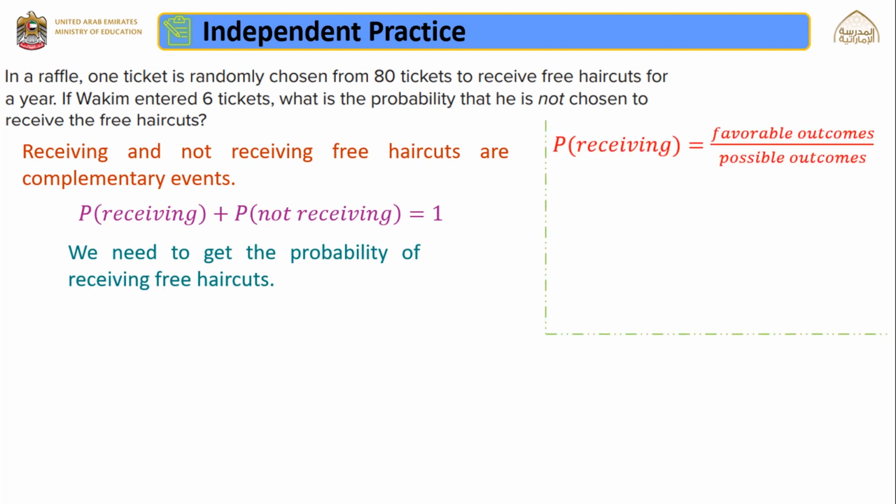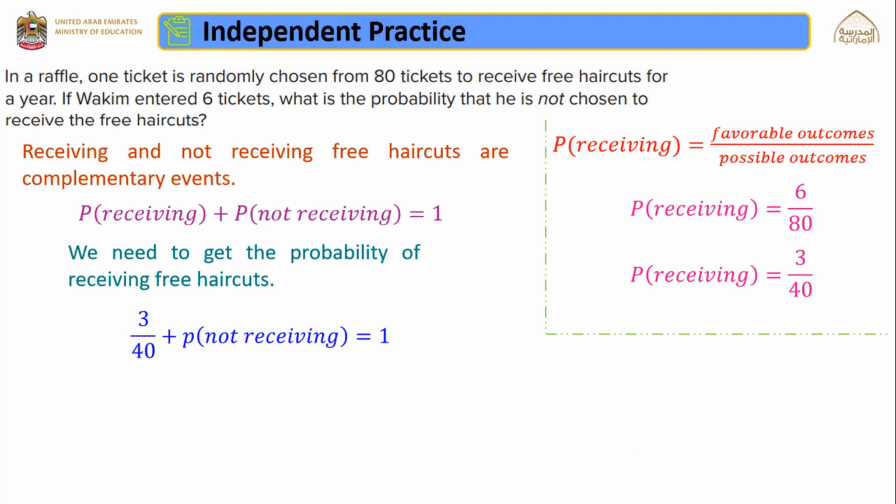The probability of receiving is the favorable outcomes divided by the possible outcomes. The favorable outcomes here are 6 and the total possible is 80. So the probability of receiving is 6 out of 80, which is 3/40. Returning to our rule to find the probability of not receiving a free haircut: 3/40 plus the probability of not receiving equals 1.